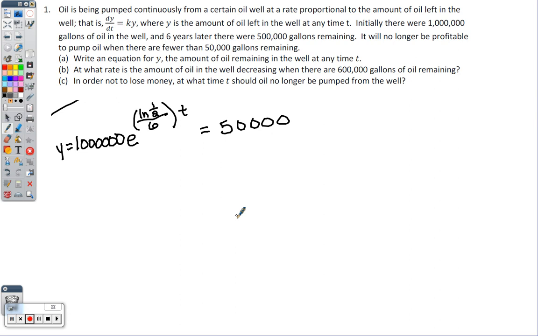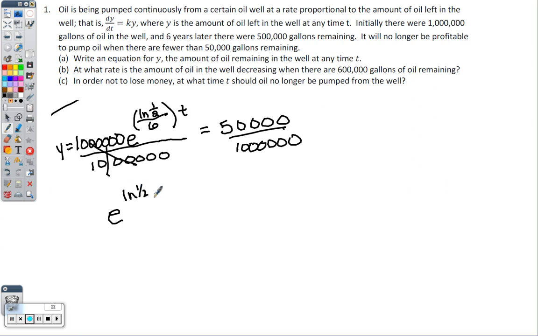Okay, so easy peasy. We divide by 1 million. Right? A bunch of these zeros cancel. And if I've done this correctly, I believe it comes out to 1/20th. So we have e to the natural log of 1/2 divided by 6, t equals 1/20th.